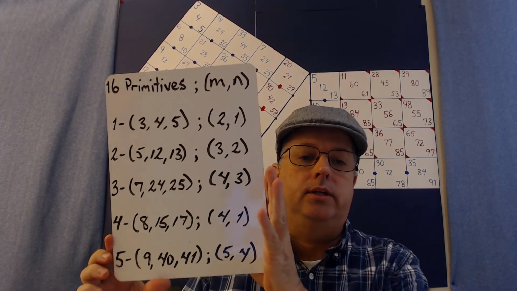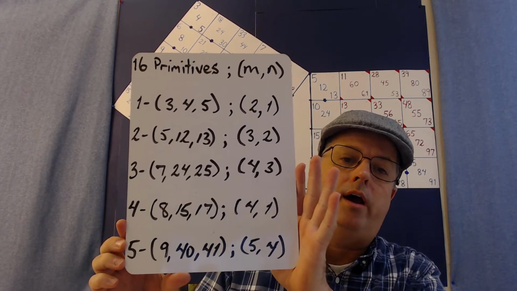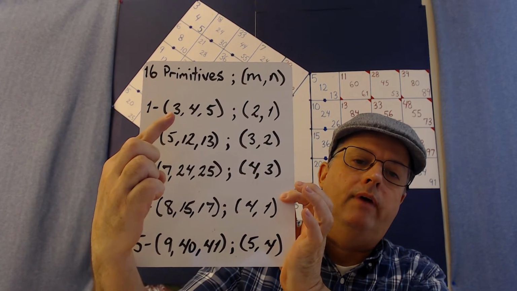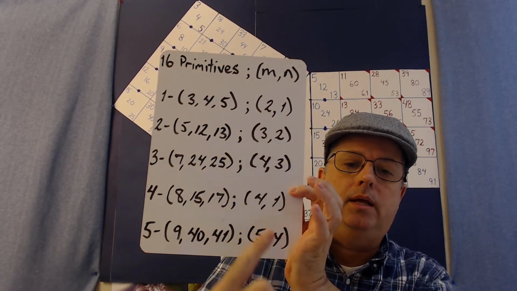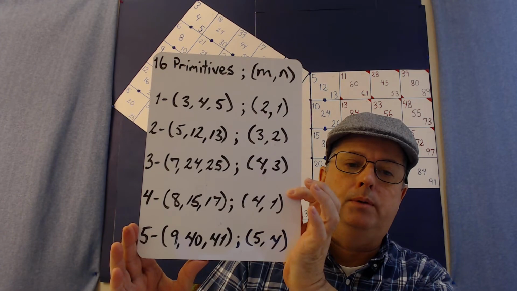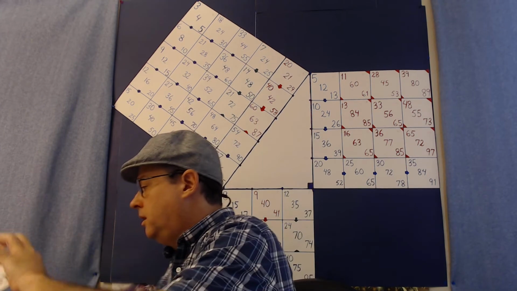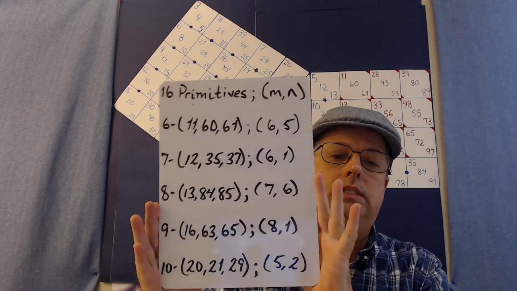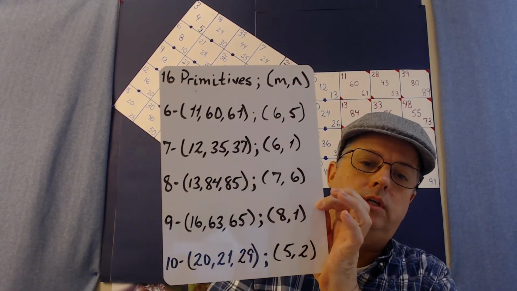So back to our list here, you can see here are our 16 primitives. The first 5 are listed here, where I'm putting the a value in order there, 3, 5, 7, 8, 9, and so on. And these are the m and n values that generate those primitives for the first 5. And then for the 6, 7, 8, 9, and 10 primitives, these are the m and n values that generate those.